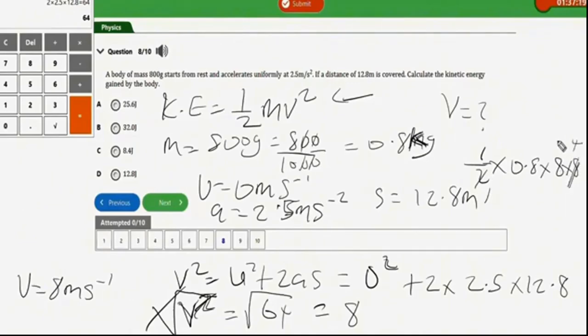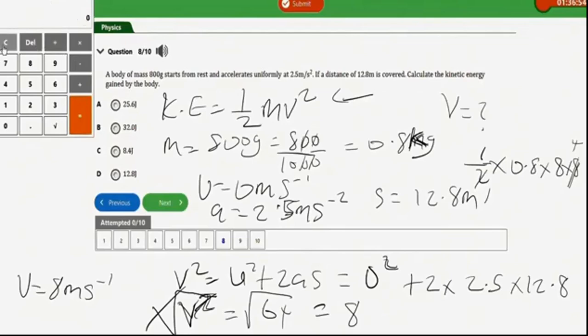So let's punch everything together now on the calculator. We have 0.8 times 8 times 4. Let's check. So we have the output to be 25.6. The correct option in this question is option A, 25.6 joules.